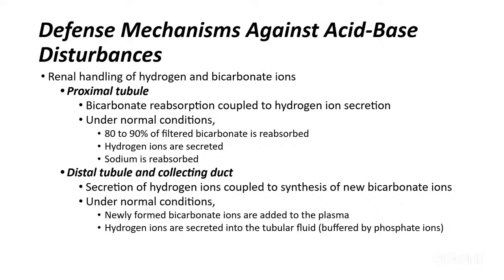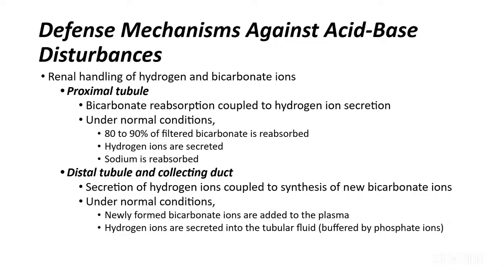So bicarbonate here is going to be reabsorbed back into the bloodstream. About 80 to 90% of the bicarbonate that you filter out of your blood at the glomerulus is going to get reabsorbed pretty much immediately in that proximal tubule, and go back to your bloodstream.